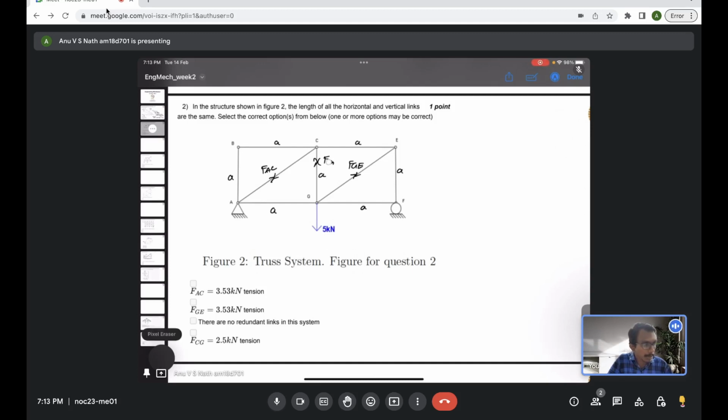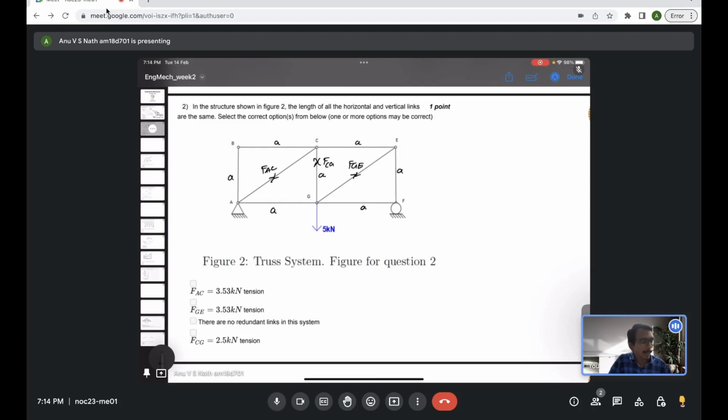So basically, three of the forces we need to evaluate to verify which of the options are correct and which are not. It's an MSQ, a multiple select question, so there can be more than one correct option. I'll give you some time to evaluate this and come up with an answer.